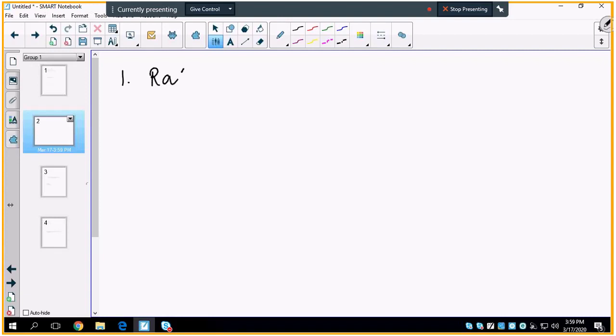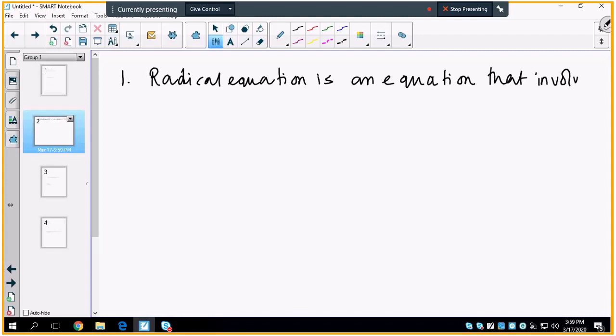A radical equation will be an equation that involves square roots, cube roots, etc. terms.